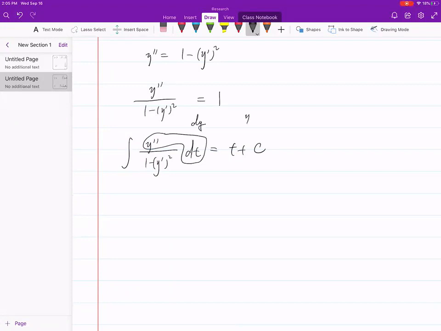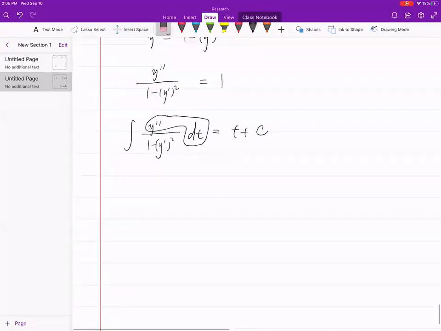If you have a y prime dt, right? But this time you don't. You have y prime prime dt. Should we stop here, say impossible, or somehow we can still work through it? Think about it.